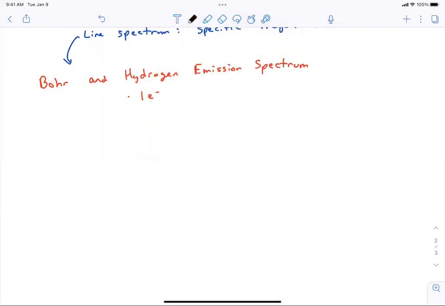He took a sample of hydrogen and energized it and looked at the light that was being emitted by that hydrogen sample.